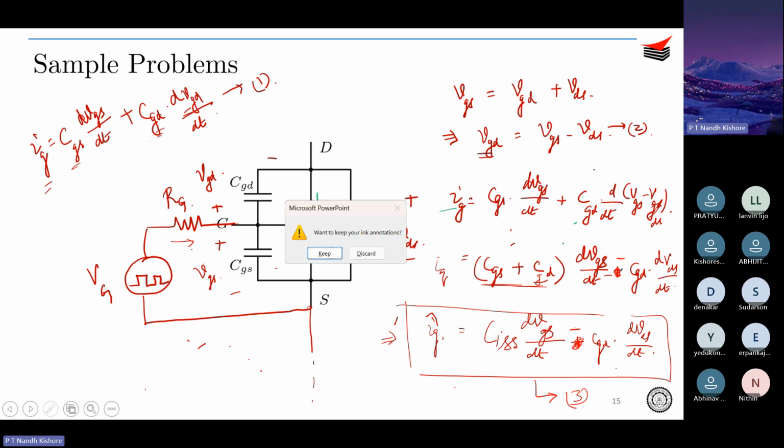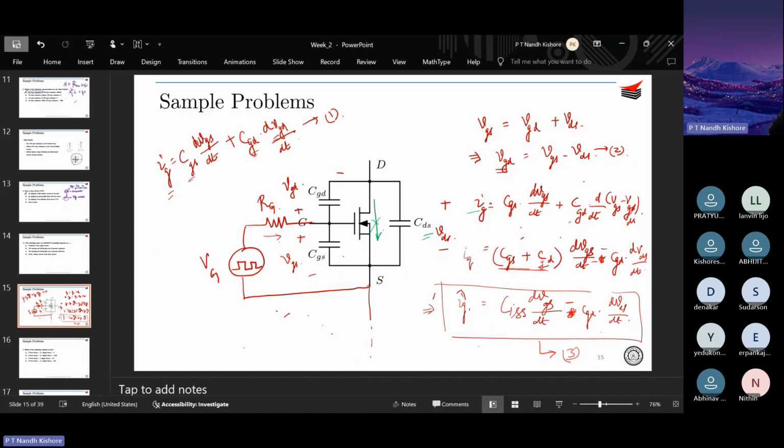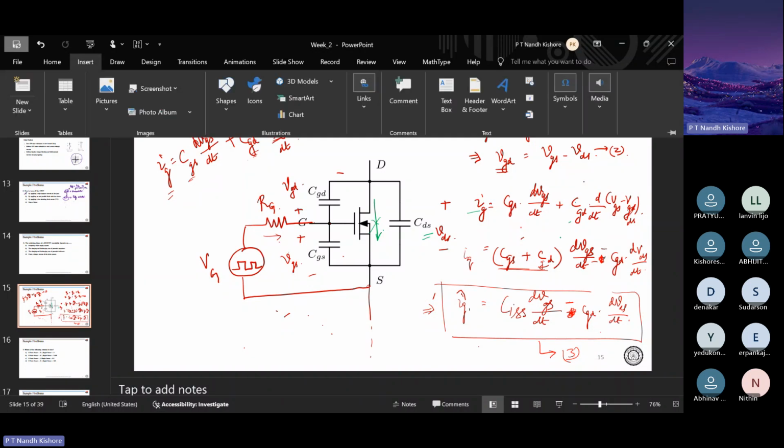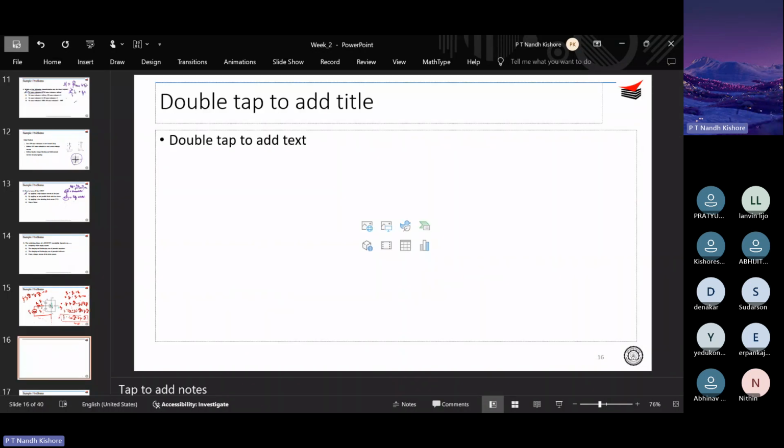I will add a new slide over here. Now we will go back to the original KVL equation. So we had VG is equal to, or VGS is equal to IGRG plus VG, right? So this is what we had. VG plus IGRG is your VGS, right?